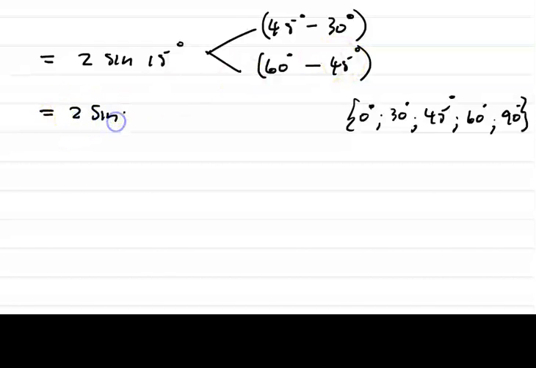So 2 sine of 15 degrees will equal 2 sine, and let's choose the top one, 45 minus 30 degrees. So what are they testing here? Well, yes, it's compound angles.